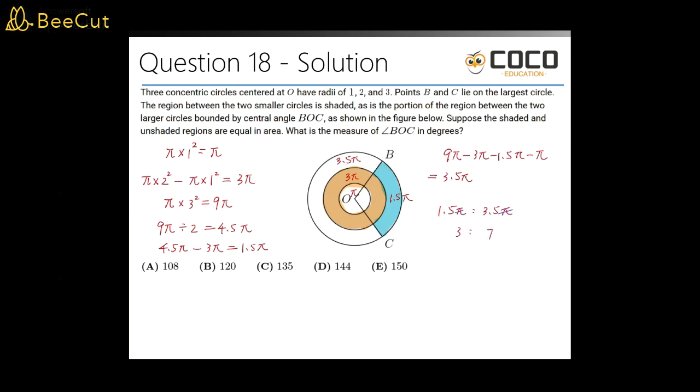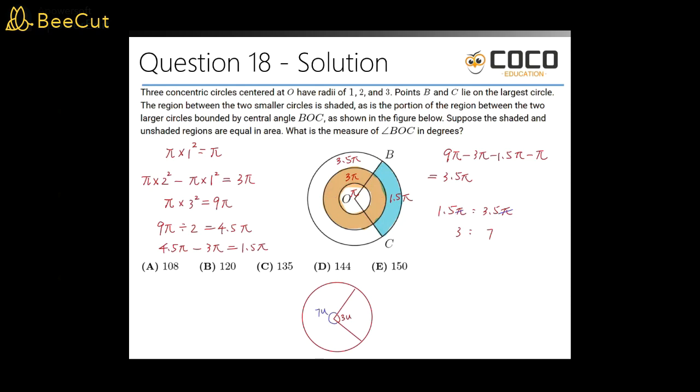Then we will know that the angle at the center follows the same ratio. This is 3u. The angle on the other side is 7u. We'll draw another figure. This angle is 3 units. The angle on the other side is 7 units.